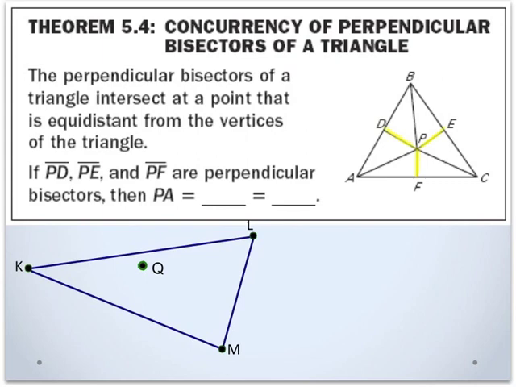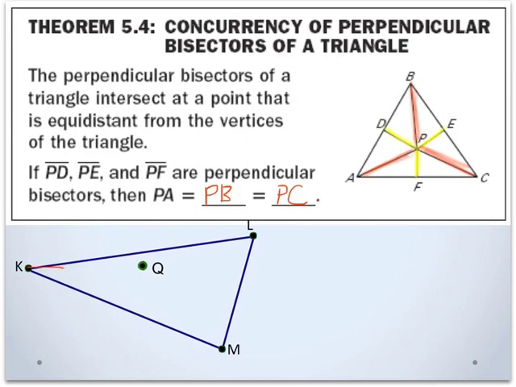You then take a point P and draw segments from that point to each of the vertices. What you end up with is that these red or orange colored segments are all equidistant. So P is equidistant from each vertex of the triangle. Hence, PA is equal to PB, which is also equal to PC.